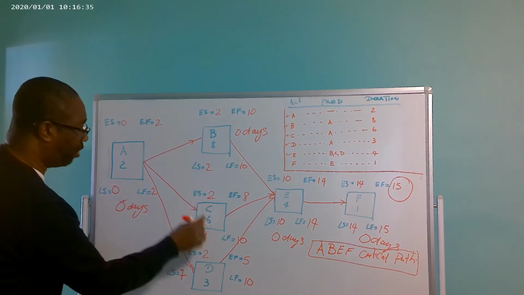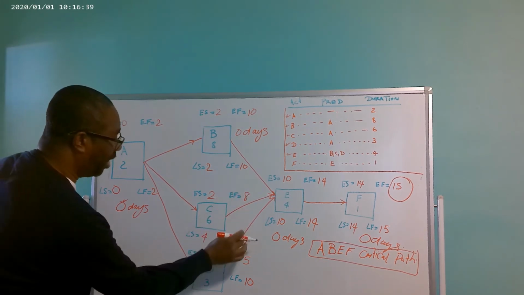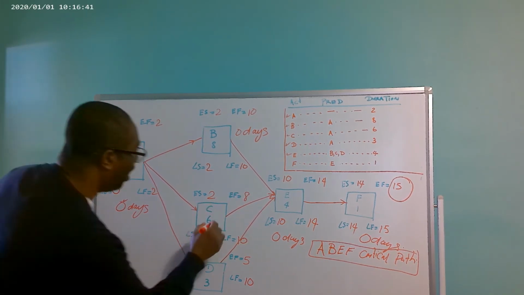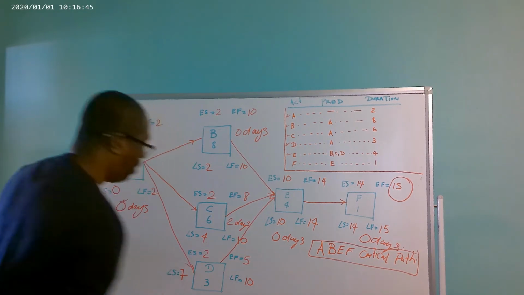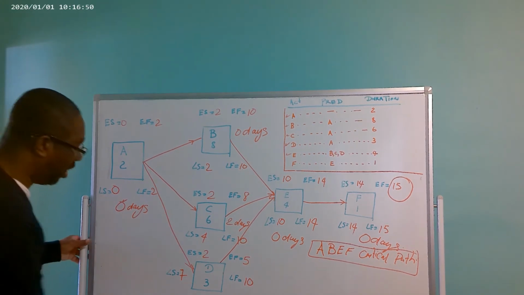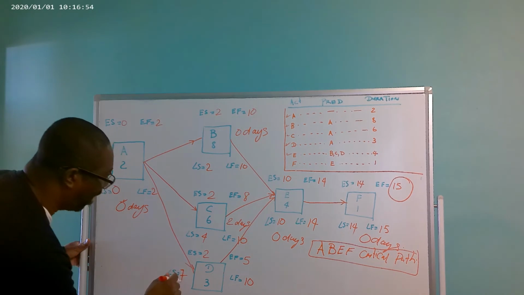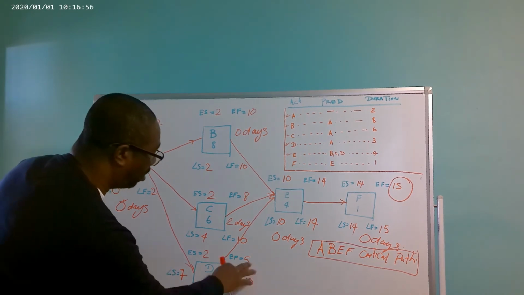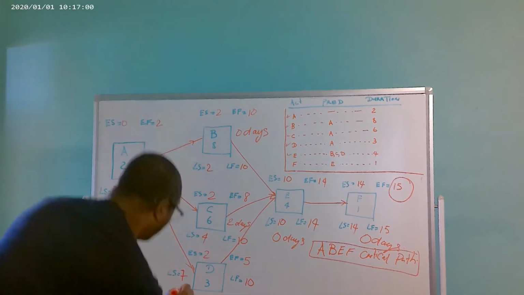So 2 from 4 is 2, and 8 from 10 is 2. So activity C has a float of 2 days, right? We come to activity D. Activity D, so we have 7 minus 2 is 5, and 10 minus 5, which is 5. So activity D has a float of 5 days.